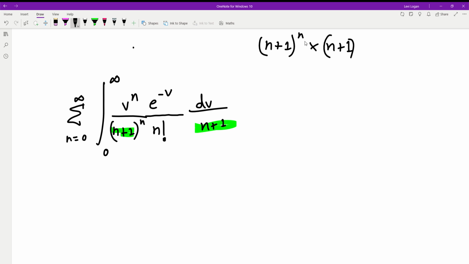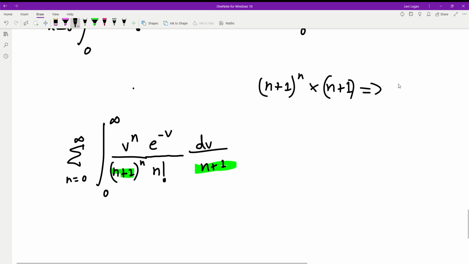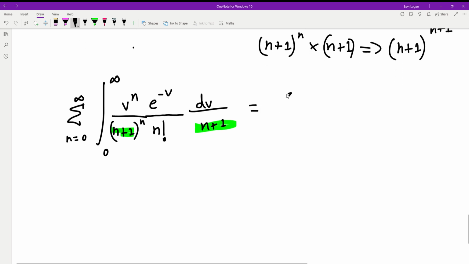So you can see these are like terms, so you can apply your exponential laws, and this is the same as (n plus 1) to the power of n plus 1. So I can rewrite that like this. That's a terrible sum, I'm very sorry. Rub that out. The sum n equals 0 to infinity of the integral from 0 to infinity.